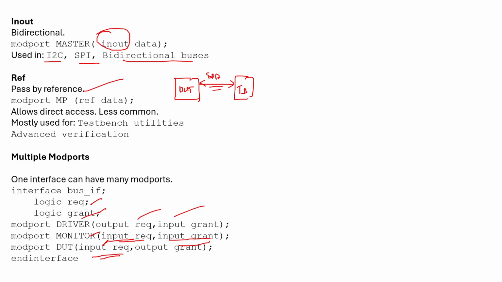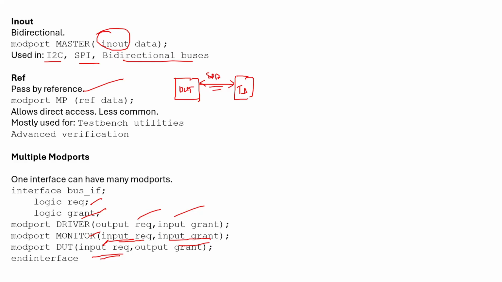There is no output because it is observing the signals only. It is reading the signals only. It is not driving the signals. That is the reason in the monitor modport all are inputs. Input to the driver also acts as an input to the monitor. Output from the driver also acts as an input to the monitor.